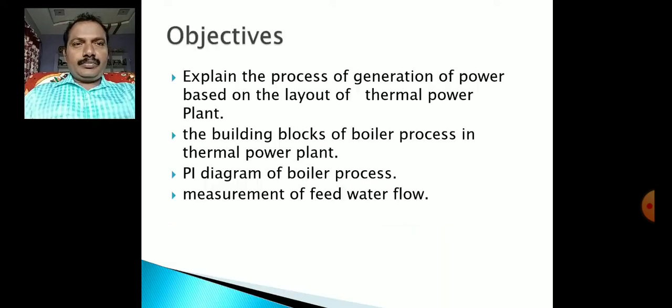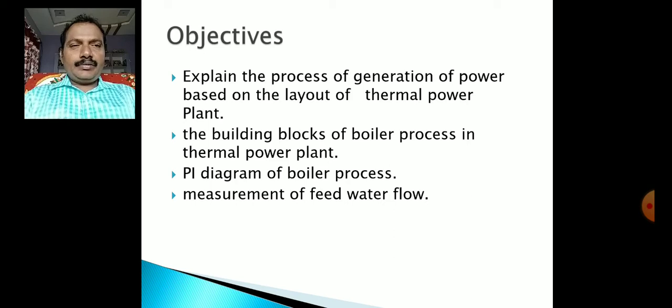So the objective of this lesson is, we consider another layout diagram, and we'll explain, and after that we identify the same four circuits in that.